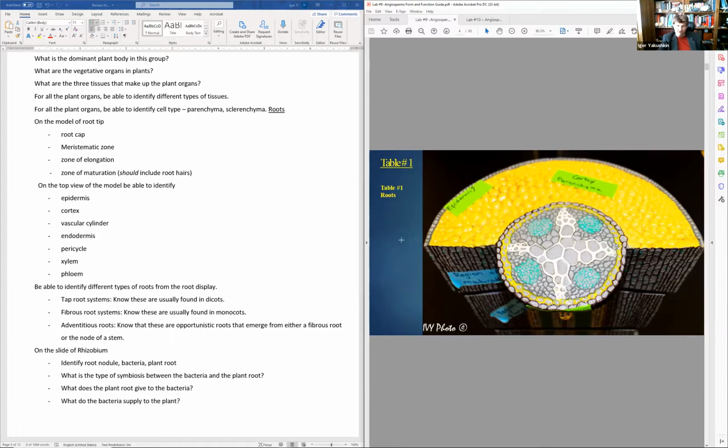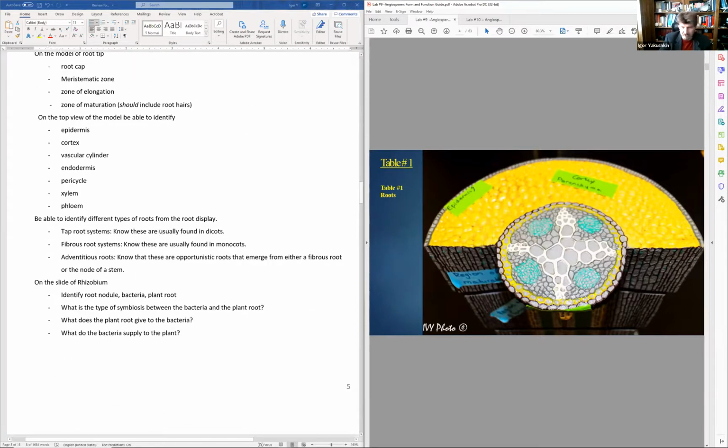Everything outside is the epidermis, and everything between the vascular bundle and the epidermis is known as the cortex. Pericycle, you don't have to worry about, but that's this particular layer. Vascular cylinder, pericycle, xylem, phloem. How can you identify xylem? It will have large openings with thick walls, and the phloem is right here.